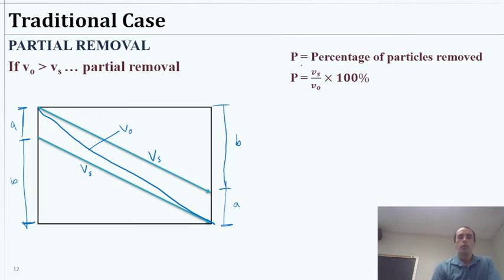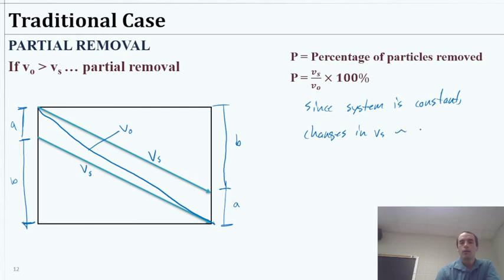Since the system is constant, changes in VS are changes in height settled, or height traveled, I guess.